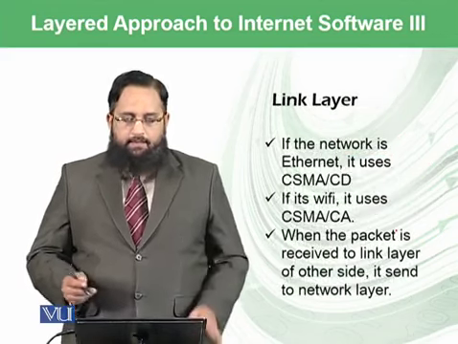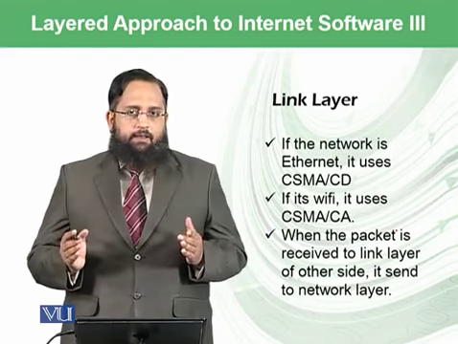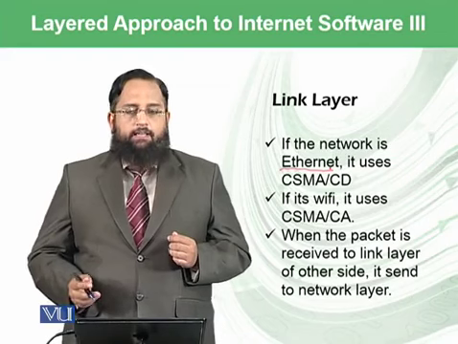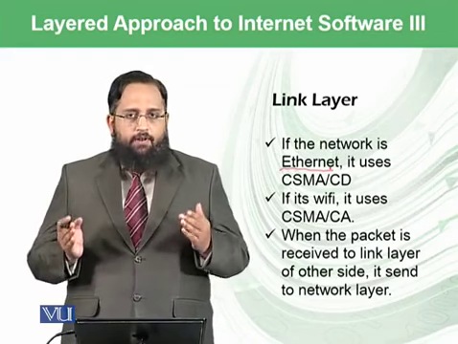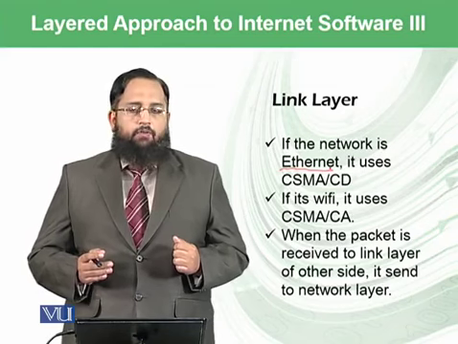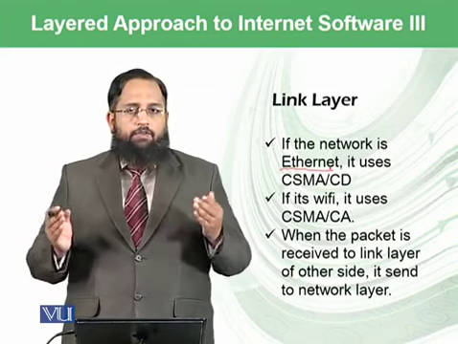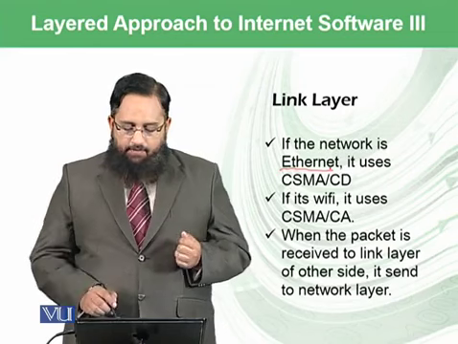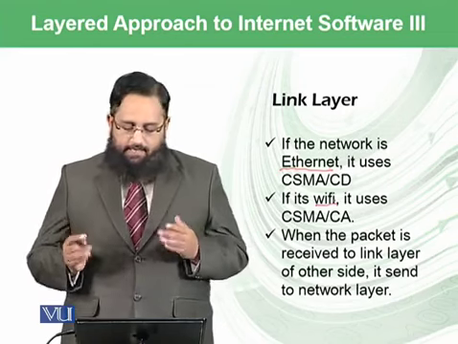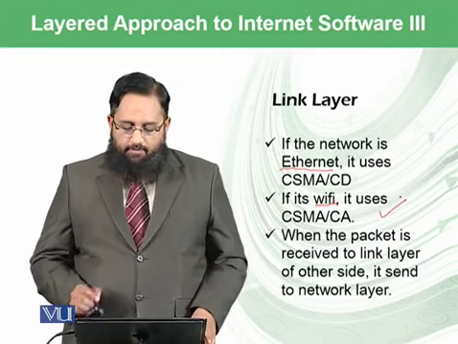The link layer then goes deeper and checks the network type. For example, if the network is Ethernet, then it must adopt CSMA/CD, which we learned in one of the other modules, about collision detection. And if it's Wi-Fi, then it will use a collision avoidance technique, which we also learned in another module.